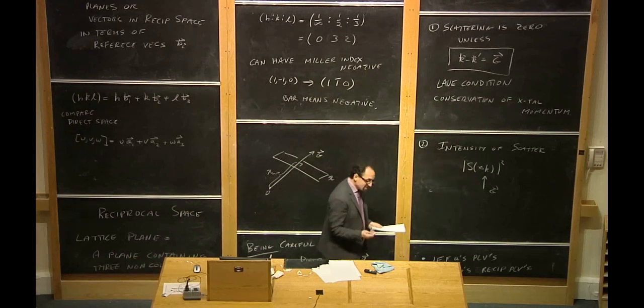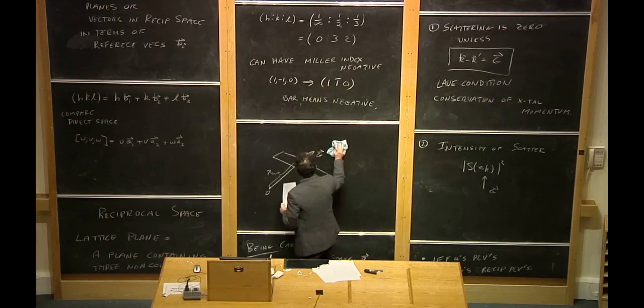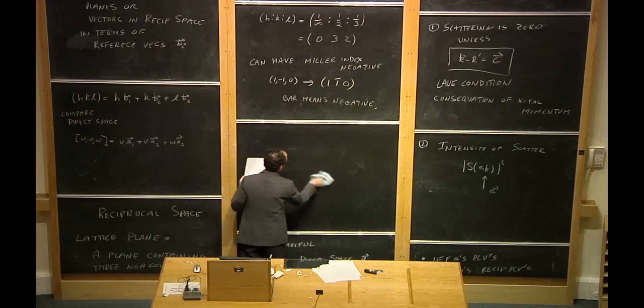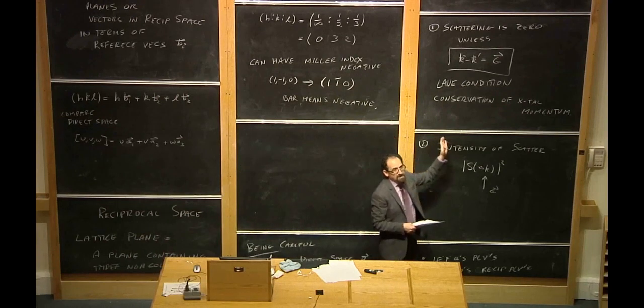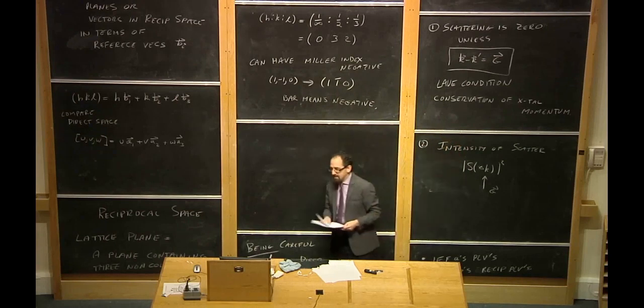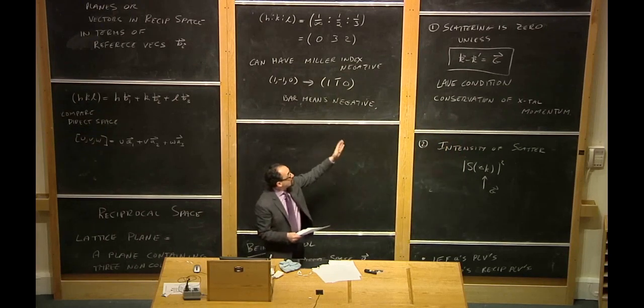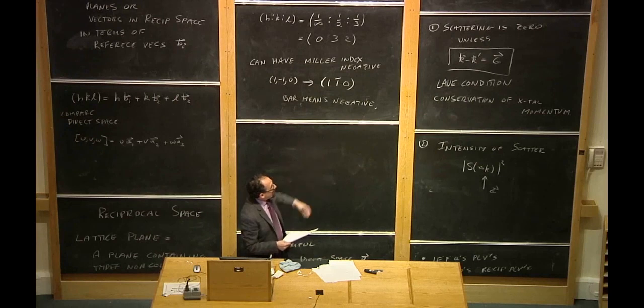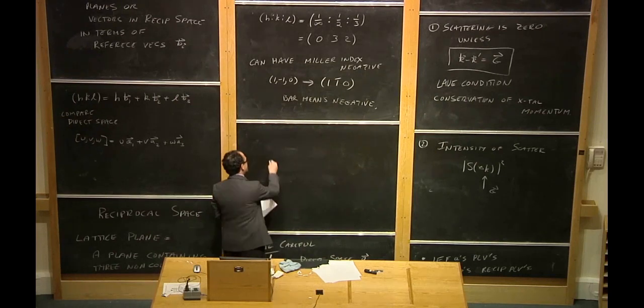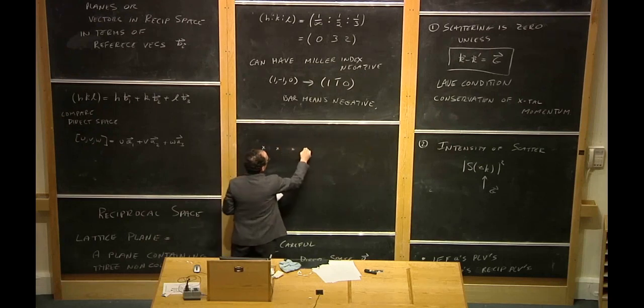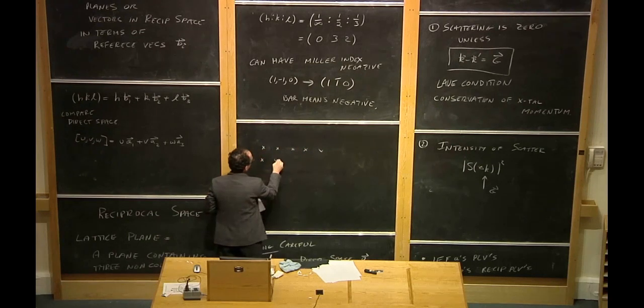I'm sorry, I'm going to go over about 1 minute here. It may seem a little surprising that condition 1 says you only get scattering under certain conditions, only if crystal momentum is conserved, only if you satisfy the Laue condition. But I'm going to convince you that this is something you know very well. Imagine you have a crystal like this.